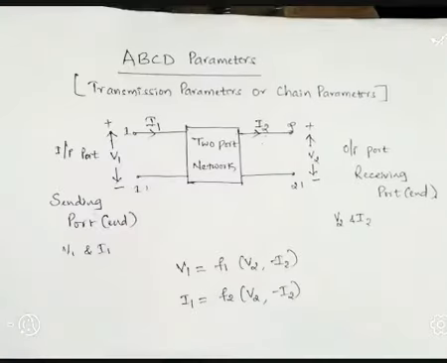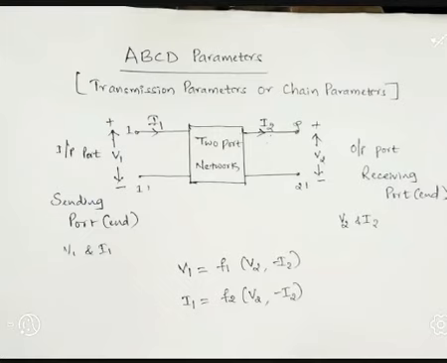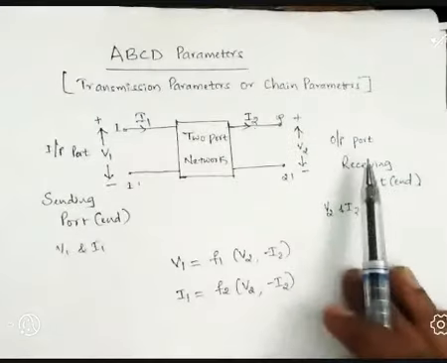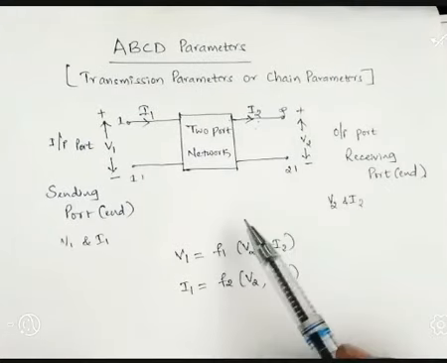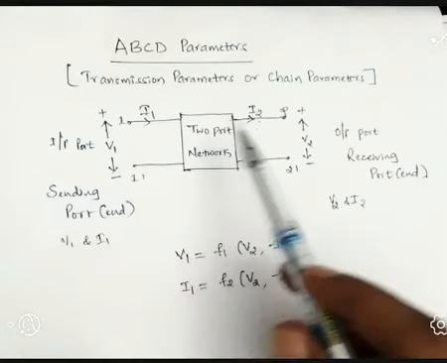As I told, in the case of Z parameters, Y parameters, as well as H parameters, generally we take both the currents I1 and I2 as entering into the ports. But in case of ABCD parameters, current I1 is entering, current I2 is leaving.